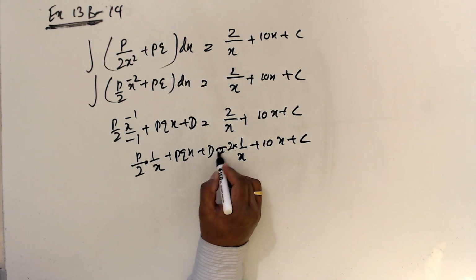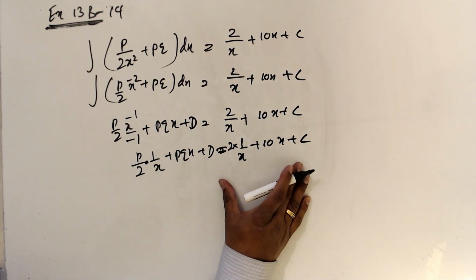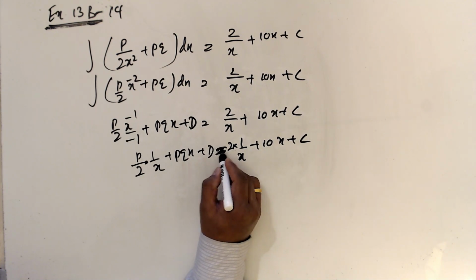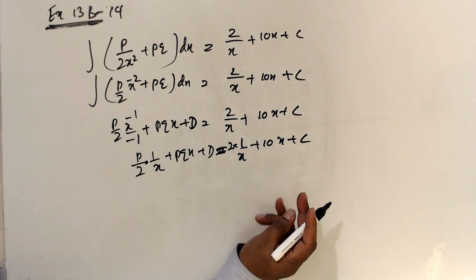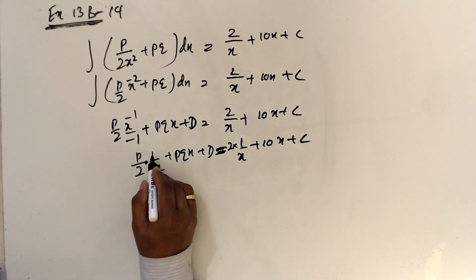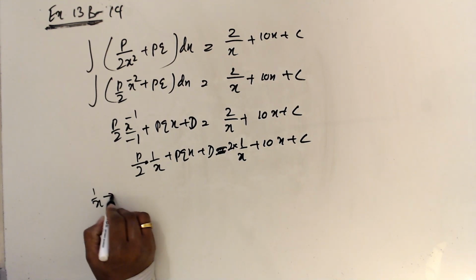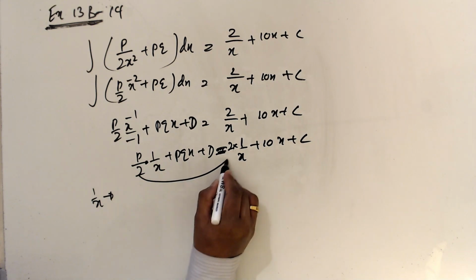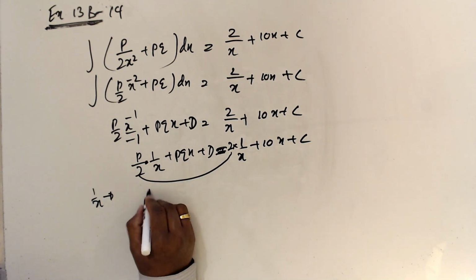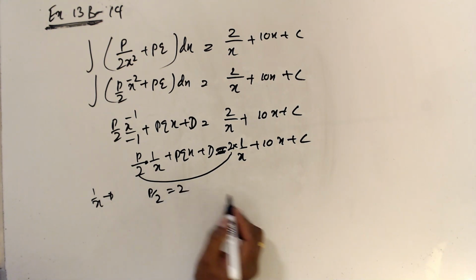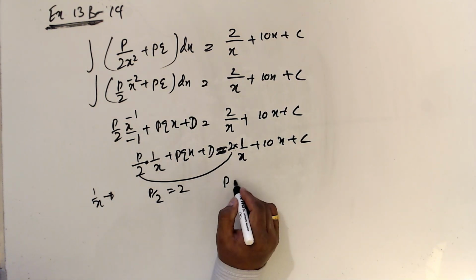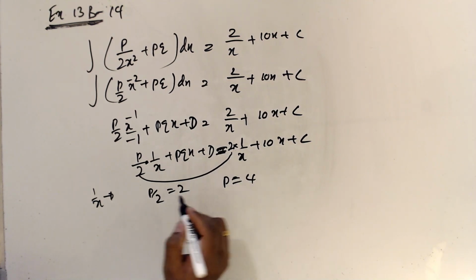Now, you can see left and right should be equal. Then it can only happen if the coefficient of 1 over x on the left and right are equal. It means p over 2 should be equal to 2. Then p equals 4.